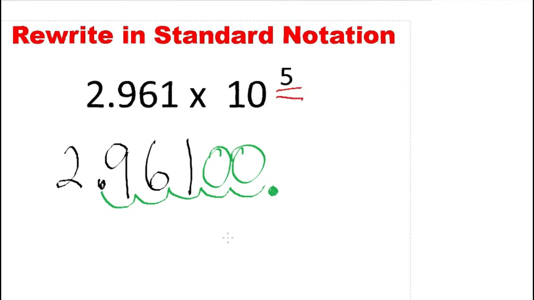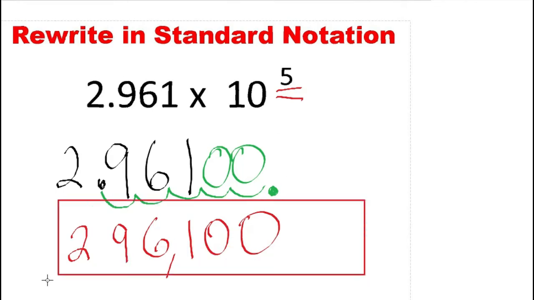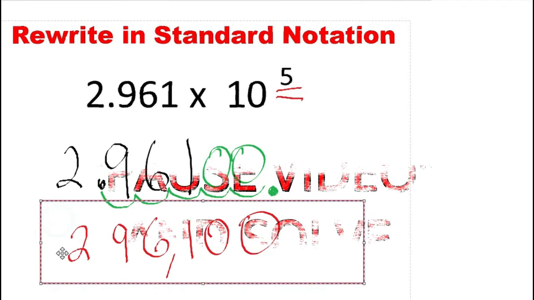And so our final answer will be 296,100. Let's go back 3 here. So we have 296,100 as your final answer. And if you got that, give yourself a round of applause.